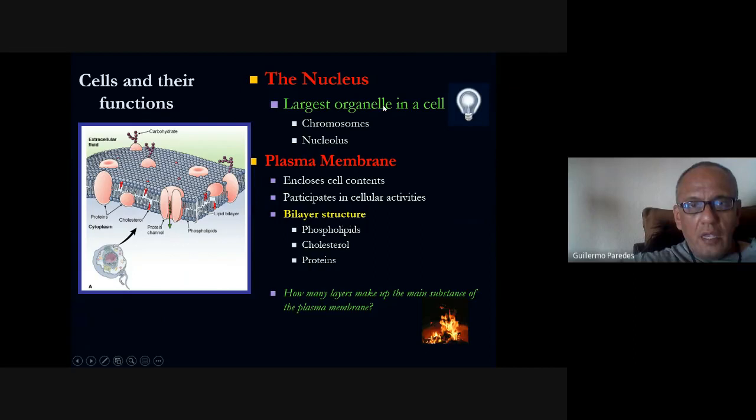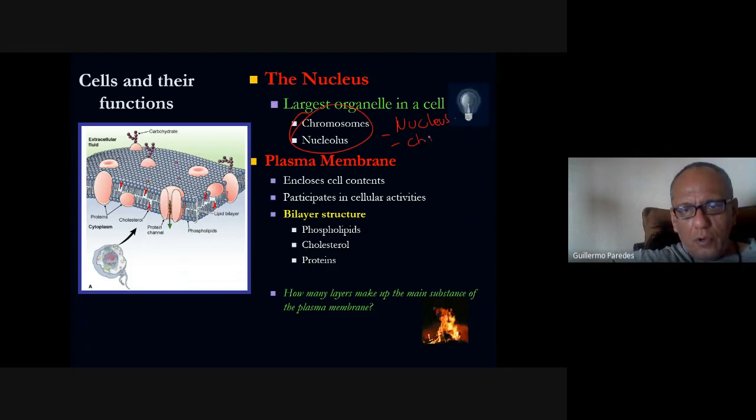Okay. Largest organelle in the cell. The largest organelle in the cell will actually be the nucleus. There are going to be other structures, the chromosomes, the nucleolus. But the nucleus is basically the largest organelle in your body.